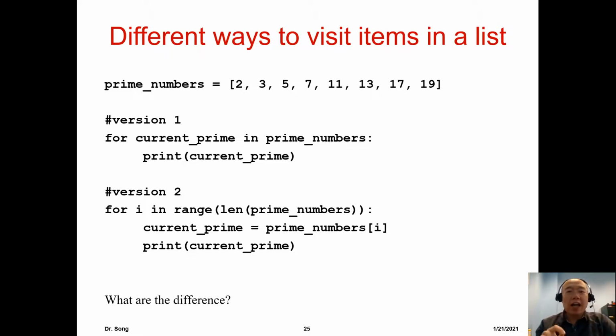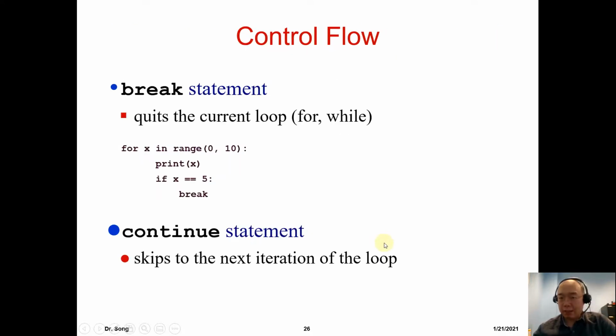But this i is the index. So you have to do current prime equals prime numbers with the square bracket i. Okay, so what's the difference? The first one is of course easier. However, if you want to have the information about the corresponding indexes, then you may have to use the second way.